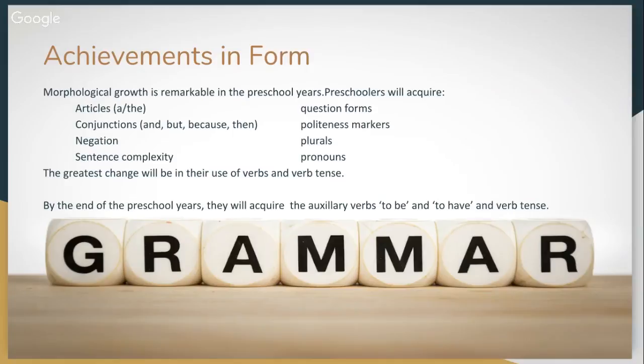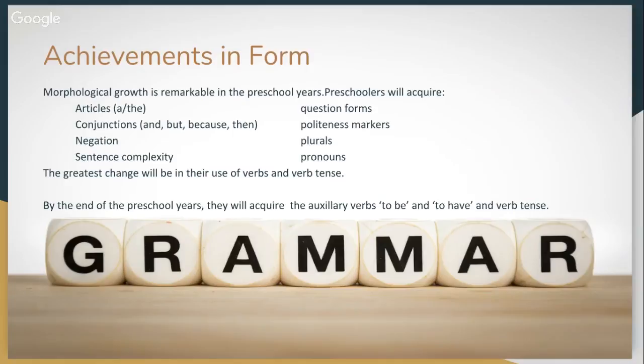The greatest change will be in their use of verb and verb tense. So while those 2 words together will have meaning at 2, then in the 3rd and 4th year, they'll be really moving towards adding meaning using verb tense, whether they're talking about happening right now or something that has already happened.